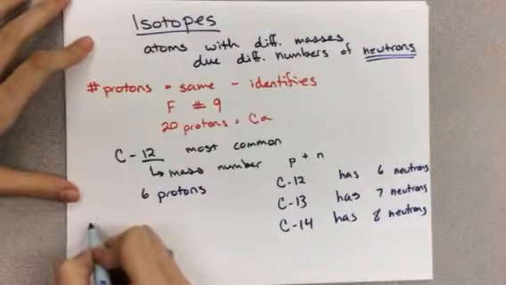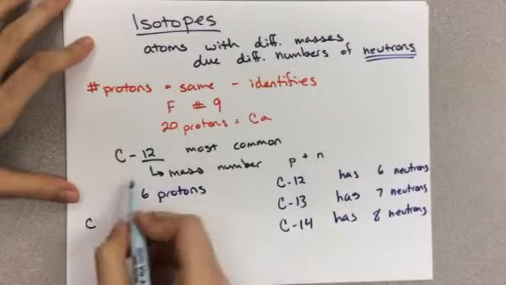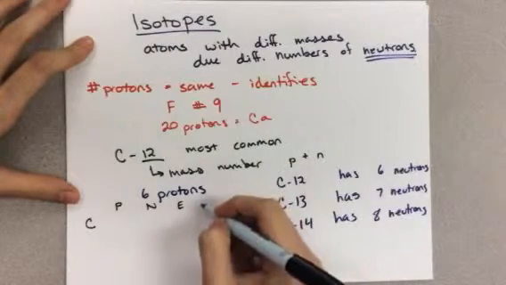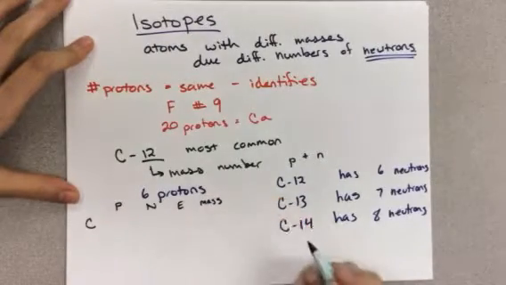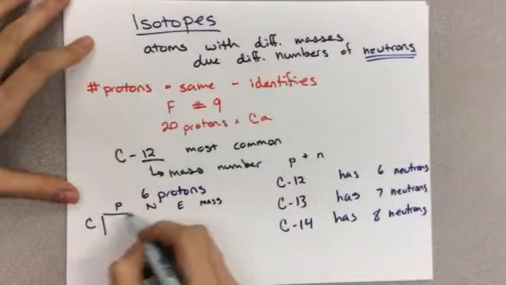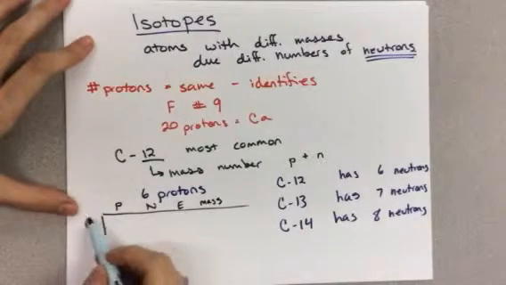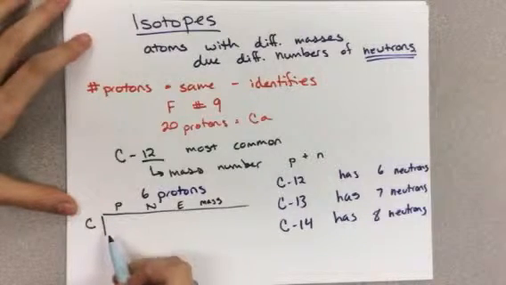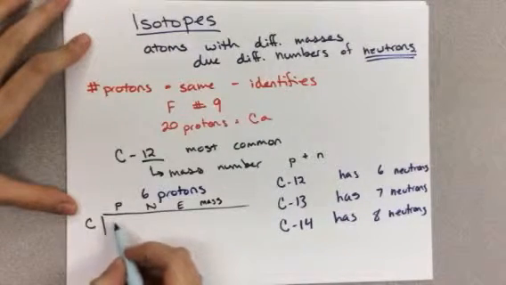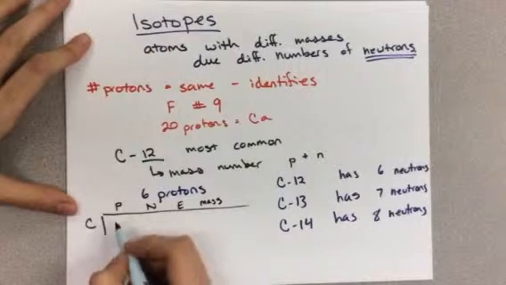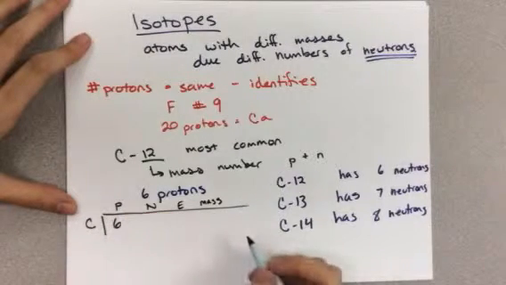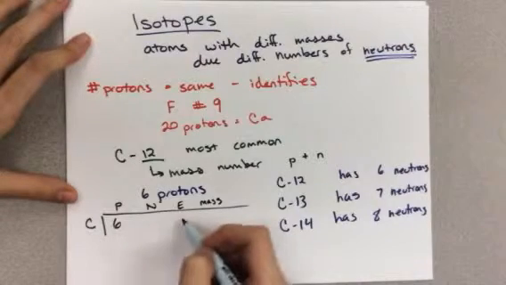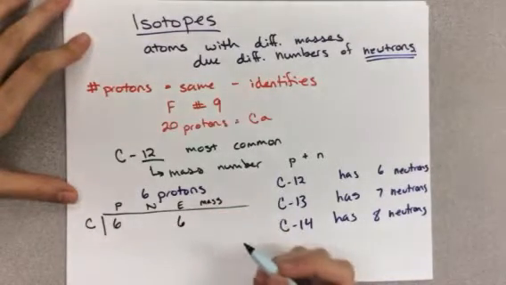So if I simply gave you carbon, and I asked you for protons, neutrons, electrons, mass number, you need to give me all of those. So to find the number of protons, you really just look at the atomic number. And the atomic number for carbon is 6, so that means it has 6 protons. This is a neutral atom, so it also must have 6 electrons.